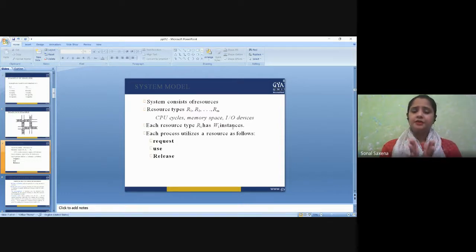In fact, the third step, releasing, is an important step. If a process doesn't release a resource, it will generate the deadlock condition. So this third step is very crucial in a process's execution: once the process is done, it has to compulsorily release the resources. This is an important point that you should keep in mind.